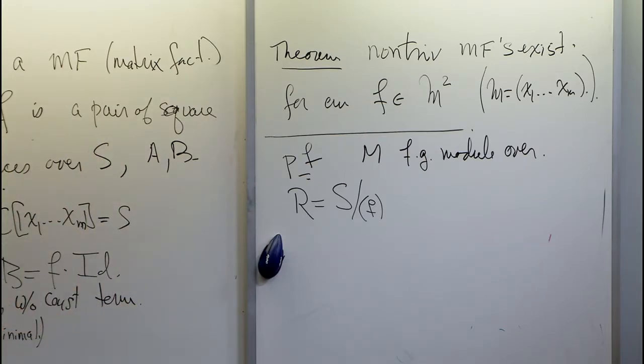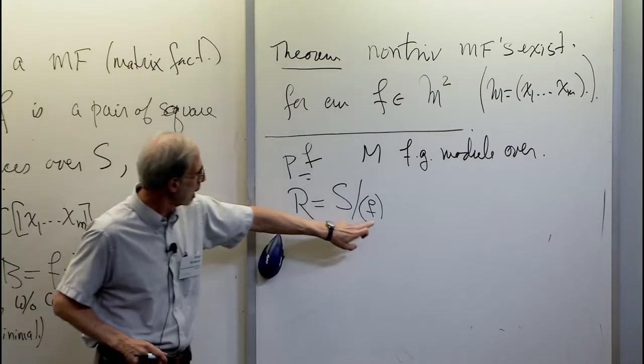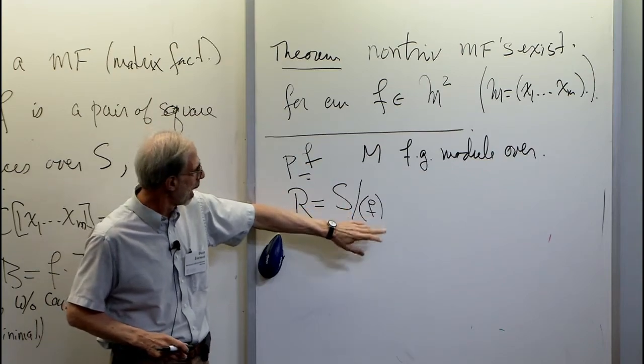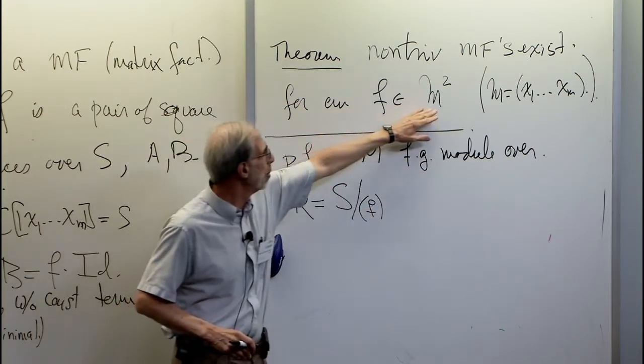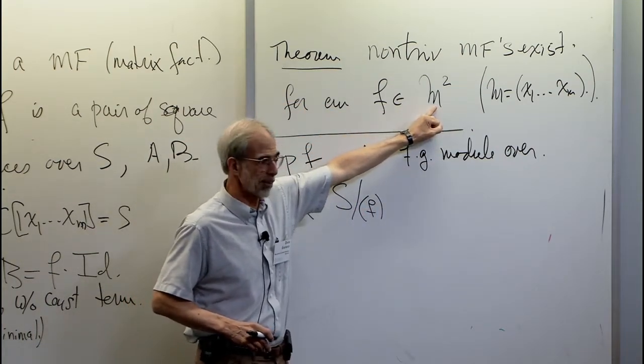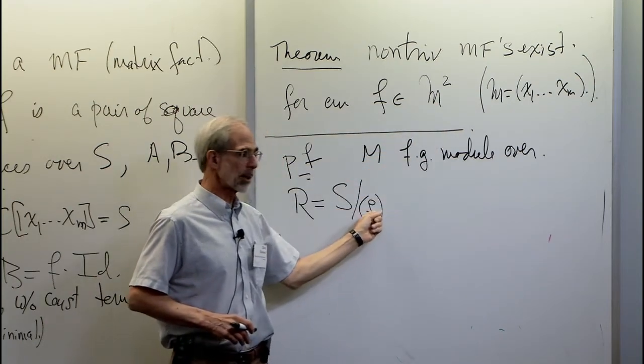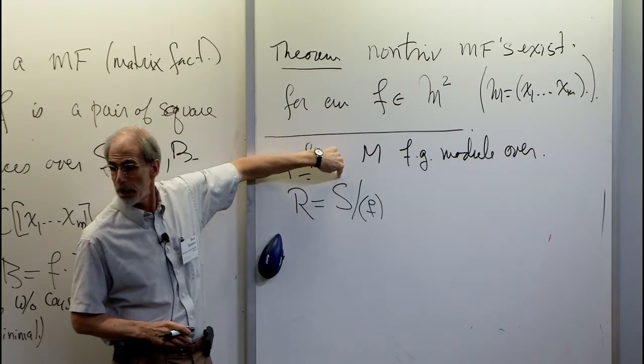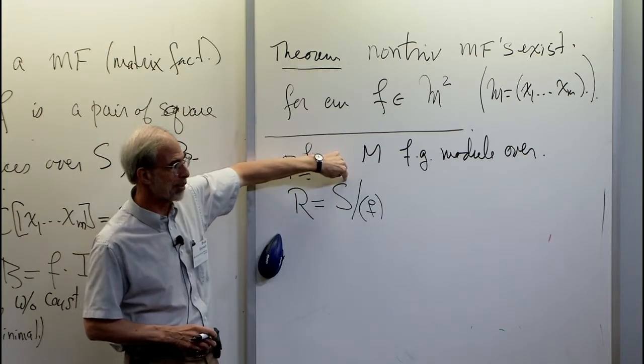So I'm going to work over this ring R, which is S mod F. Now, I think probably all or most of you know the famous theorem of Hilbert that says that if F had a linear leading form, so if I'm thinking of F always as in M, but if it wasn't in M squared, if it had a linear leading term, then this ring would be what's called a regular local ring, and every free resolution over this ring would be finite.